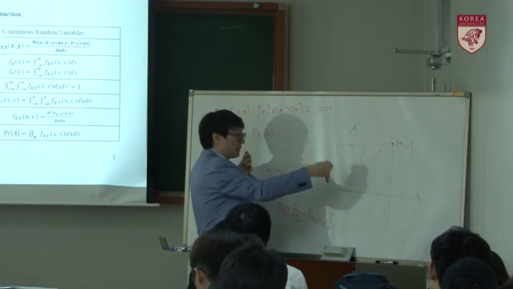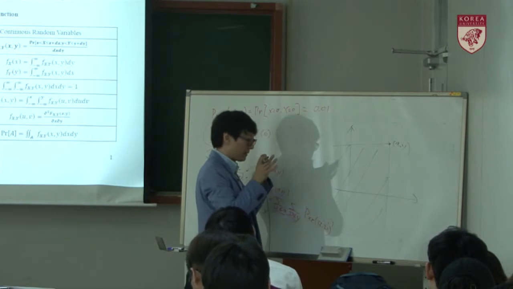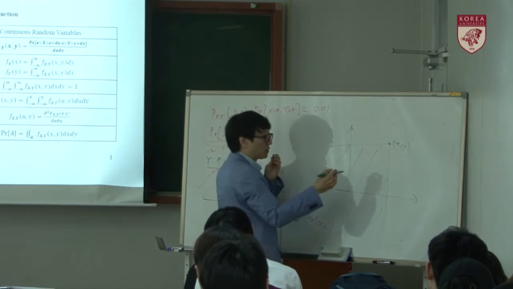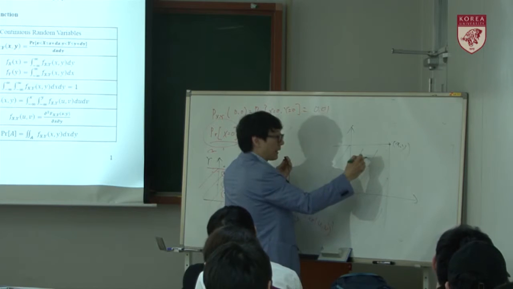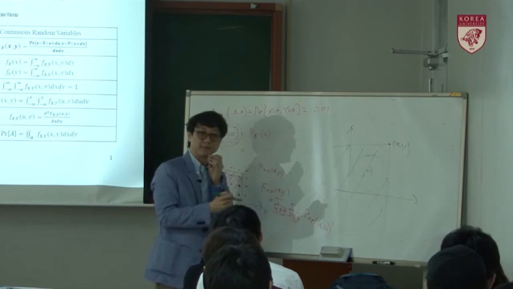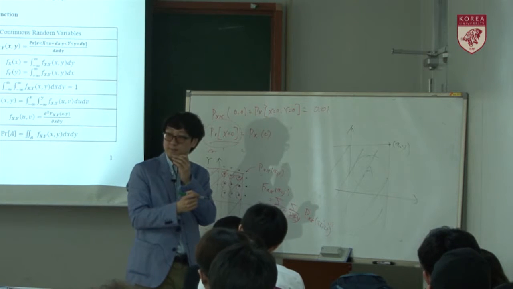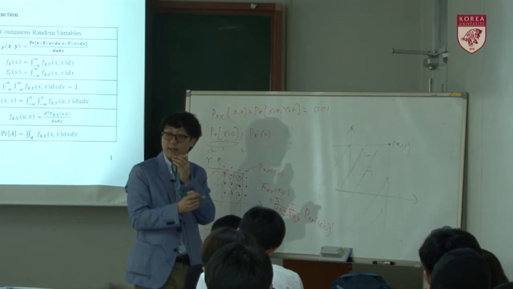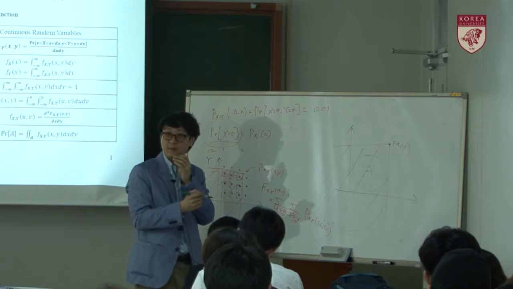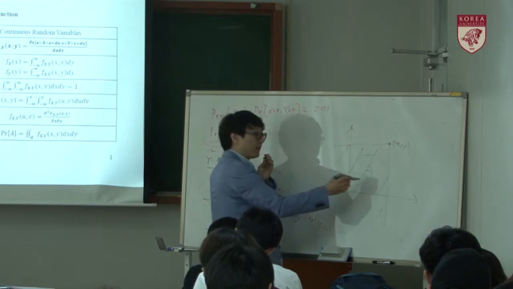Okay. Then next, let's think about this coordinate system. If we want to calculate the probability in a certain area A, we just integrate the PDF over this range.